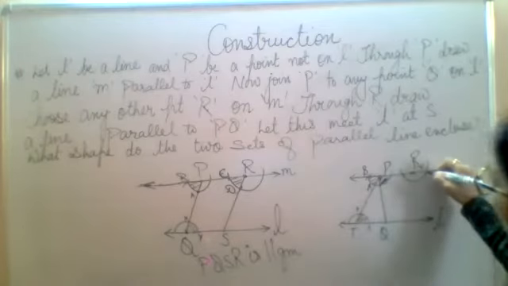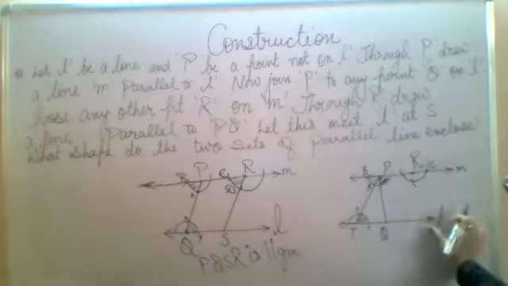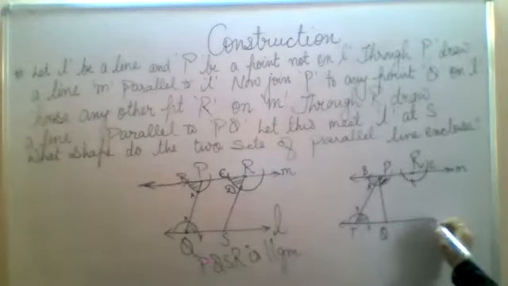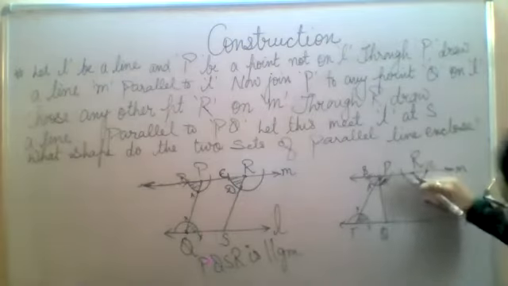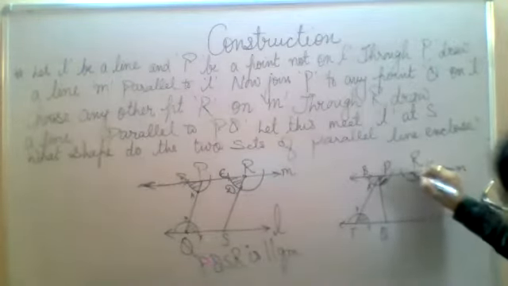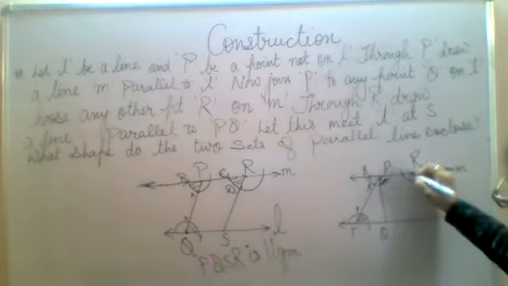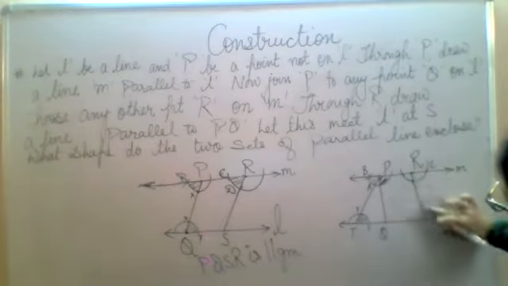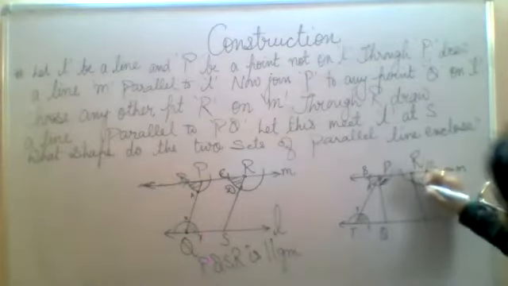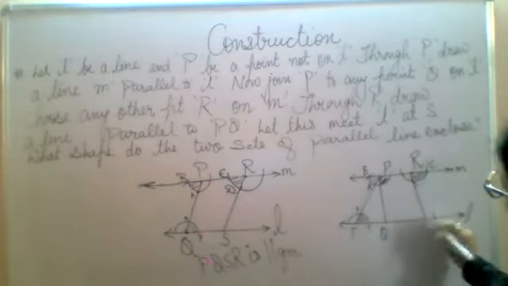So from here, cut this, so that if you join, this is D point, because I am doing it without compass. So we are making corresponding angles equal.